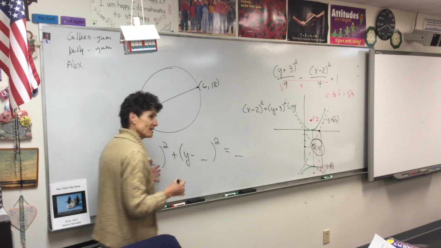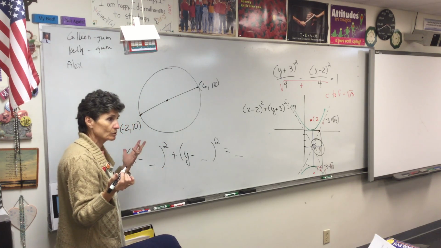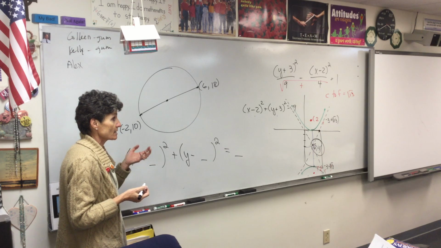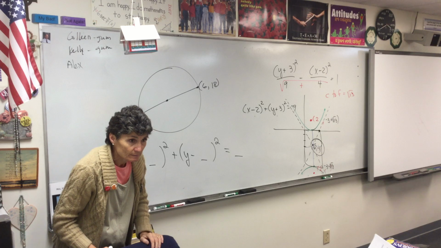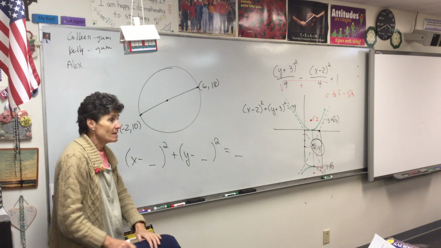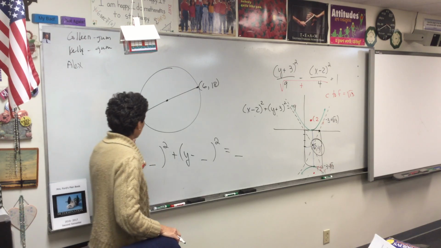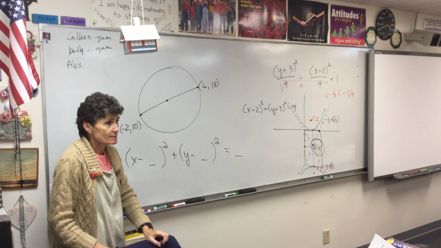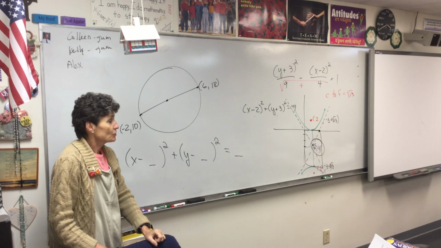So we gotta find the center. I don't know what the center is. I have to figure it out. What do I know about it? It's the midpoint of the diameter, and midpoint is average. So what is the average of negative 2 and 6? 2.